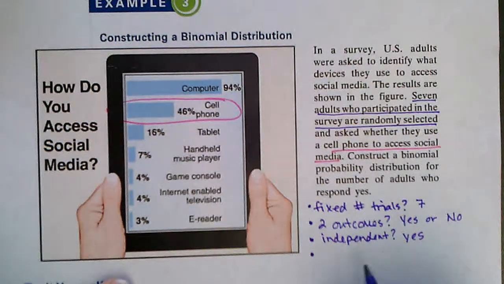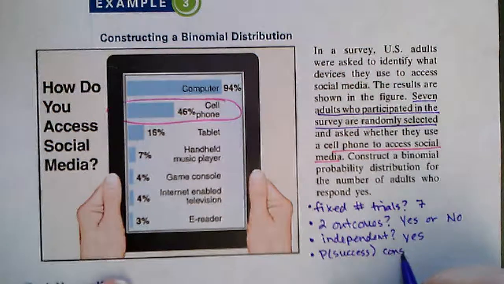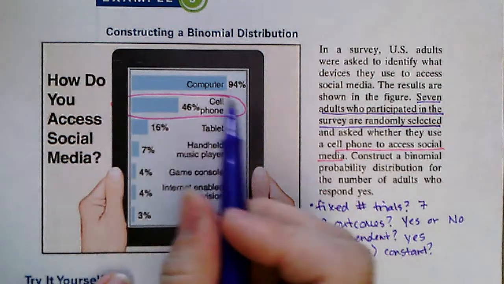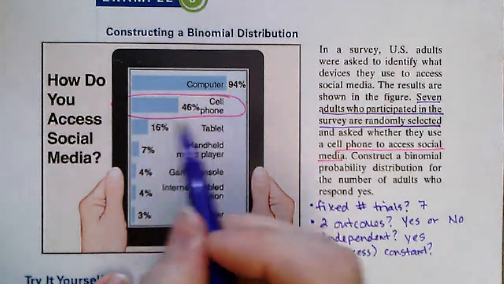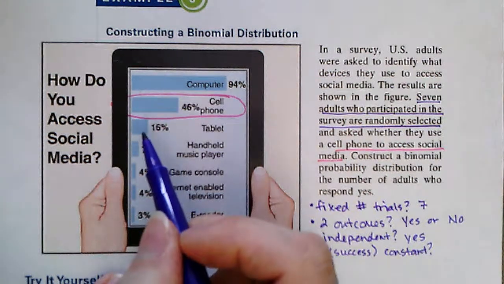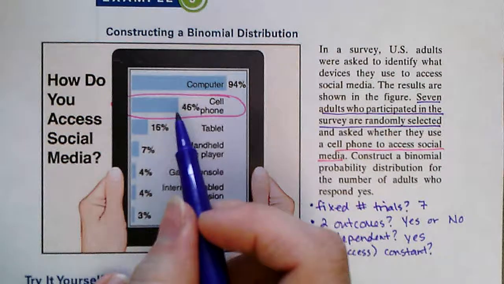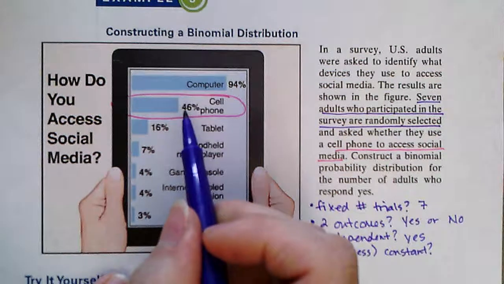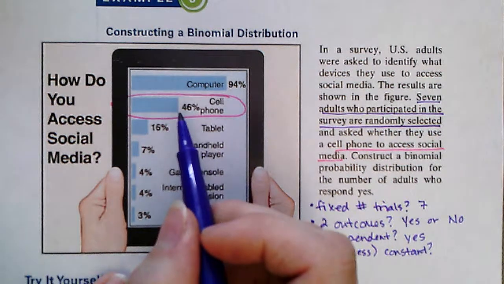The next one is the probability of success constant? We are going to base our probability of saying yes on this chart right here. So the probability of success is going to be that 46, because 46% of people said they do access social media on their cell phone.